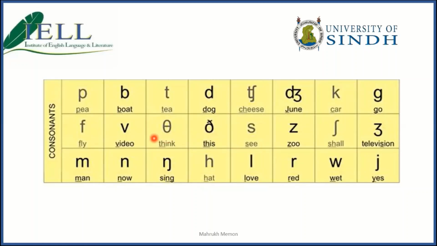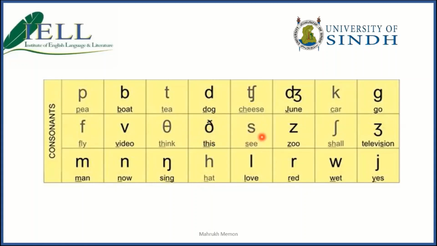When I'm saying think, my tongue is coming between my teeth. Then we have this. All these words. वहाँ पे हम लोग use करेंगे this sound for think, and this one we will use for this.